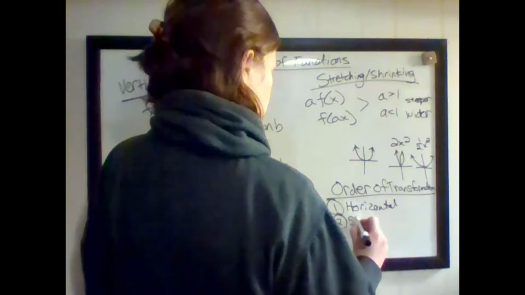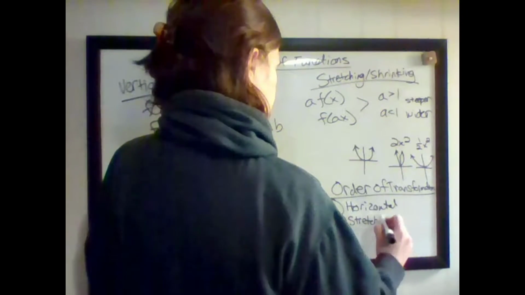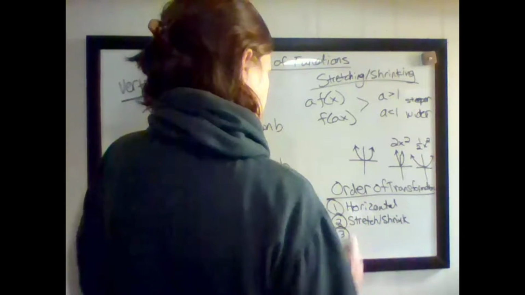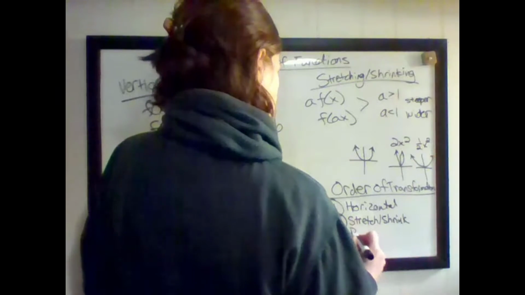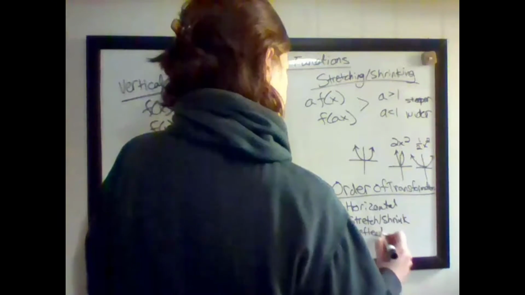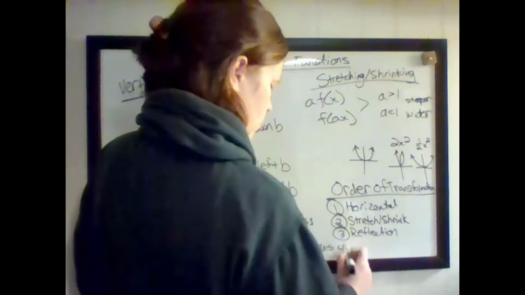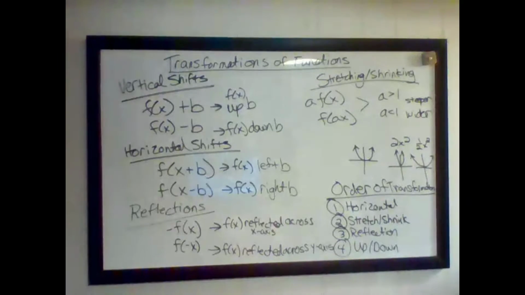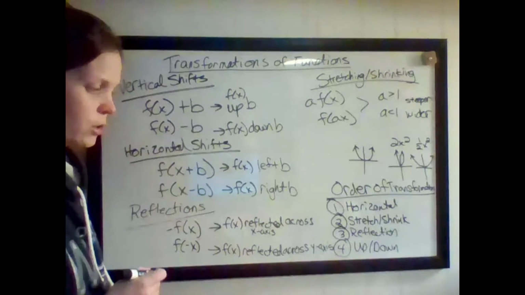Then we do our stretching, shrinking, making it wider or steeper. Then we do our reflection. And then last, we do our up and down. It's important to follow this order of doing all of these transformations in order for it to come out correctly.